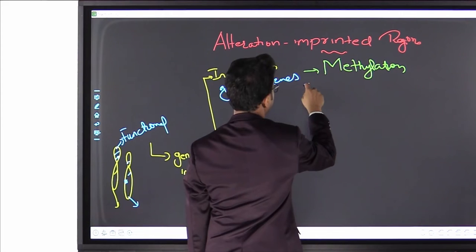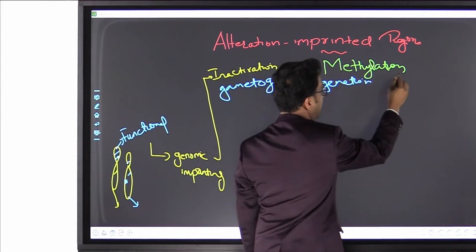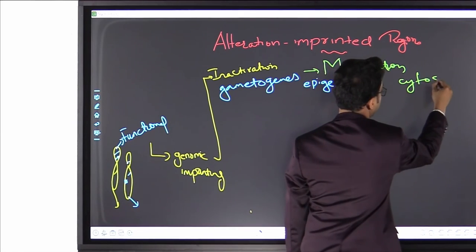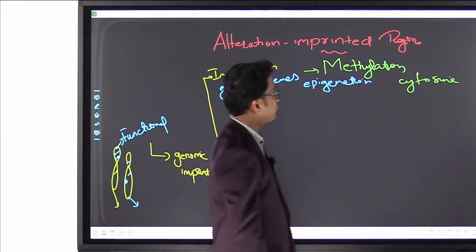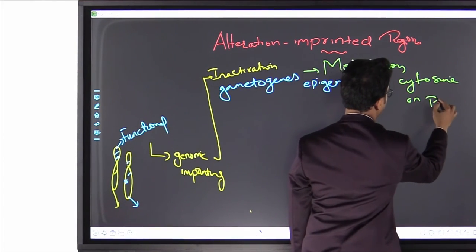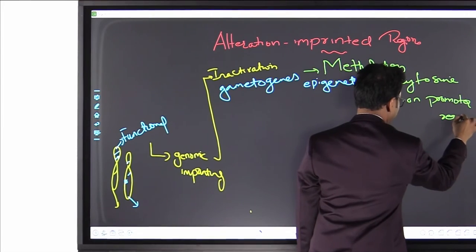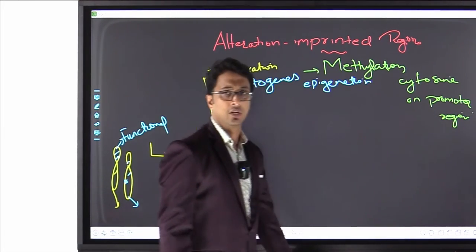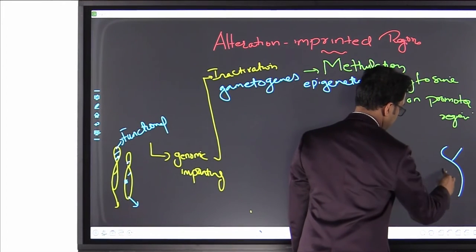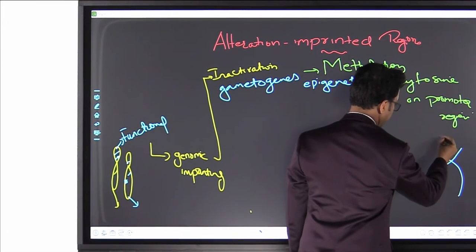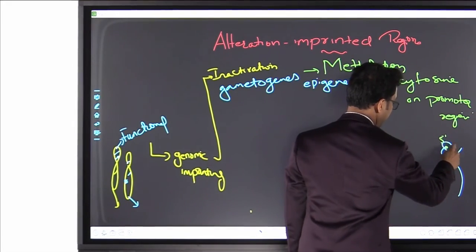So it's an epigenetic factor. There is methylation of cytosine residues on the promoter region. This needs lots of explanation, but don't worry, we'll understand DNA replication and all those. At one end of the DNA, for example the 5' end, methylation takes place.